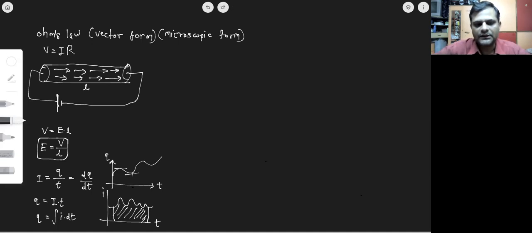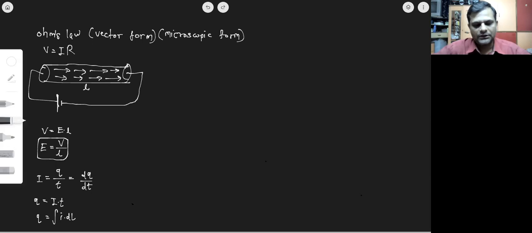At every point, if we draw a tangent, the slope of that tangent will give the exact value of current at that instant of time, because it is the derivative actually. So this we have to understand. This is a graphical representation of this formula between current and charge.